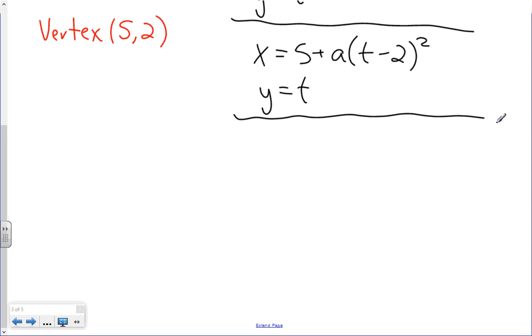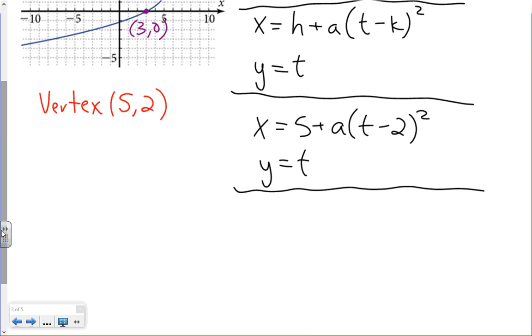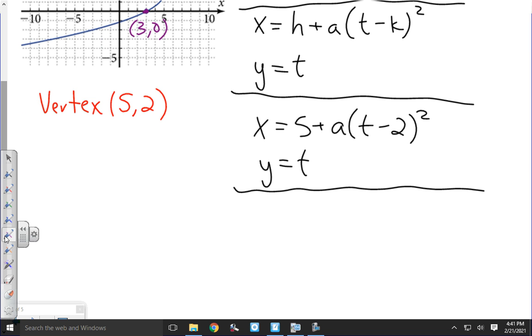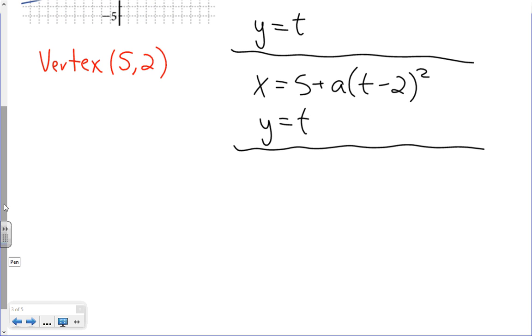So I've got x is equal to 3, and we've got y is equal to 0. And actually, since y is equal to t, we also know that t must be 0, because y equals t.